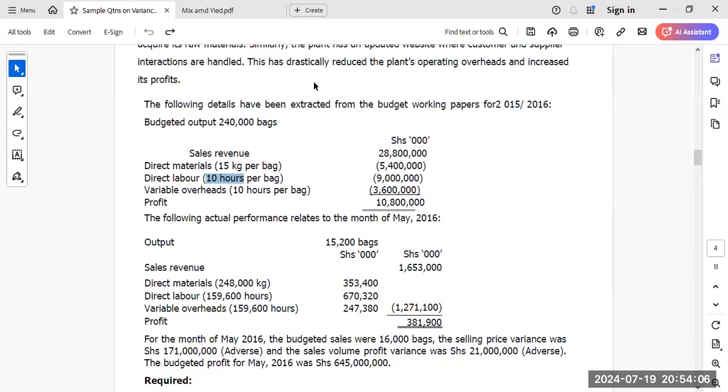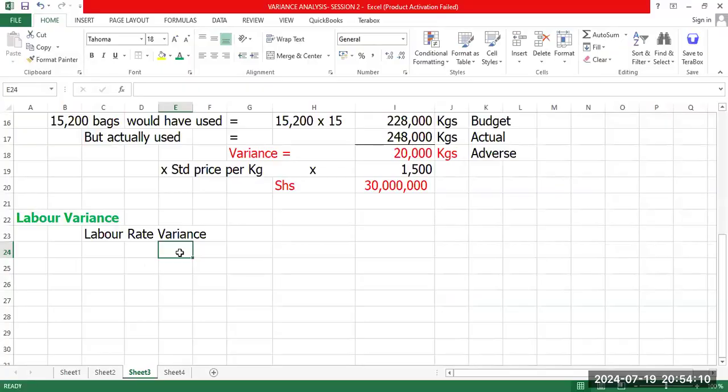So what will happen is you need to first know this company for 1 hour. For 1 hour, they are planning to pay how much? How are you going to get?